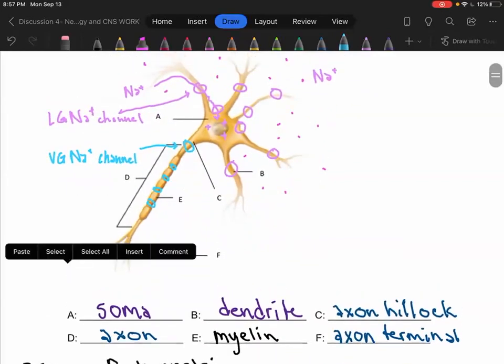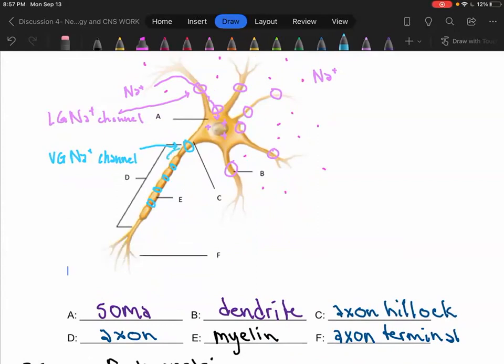So when those open, what we're going to see is this type of saltatory conduction, which is this kind of jumping motion from node to node. Those spaces in between the myelin filaments are called the nodes of Ranvier.